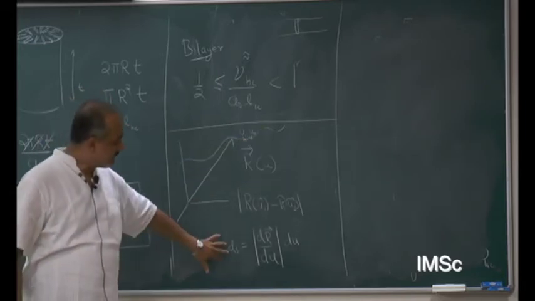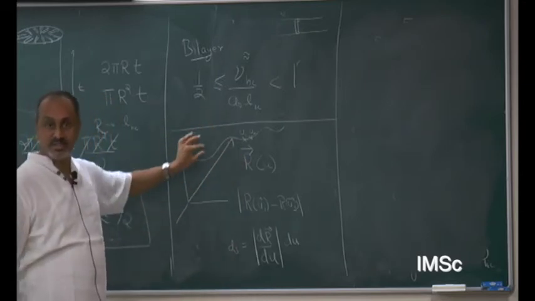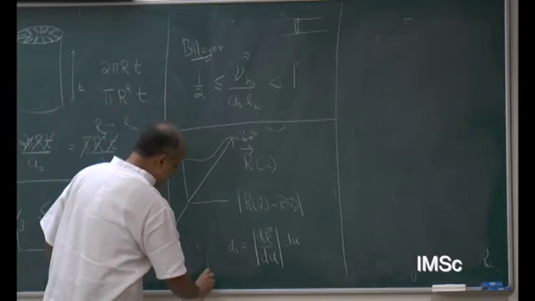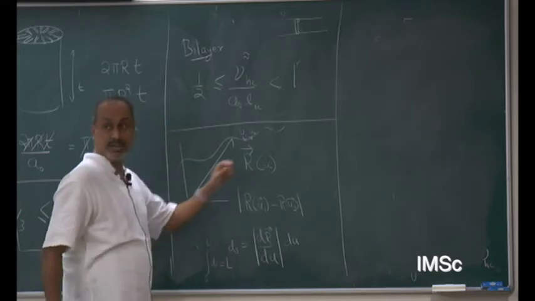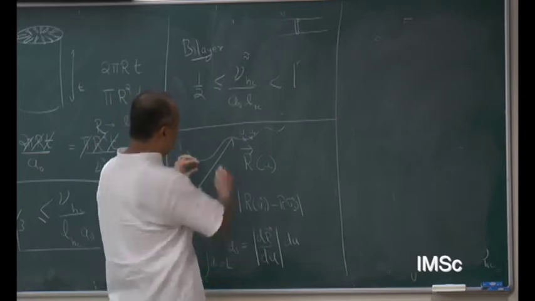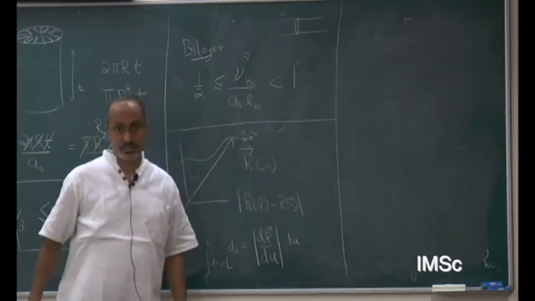On the other hand, s has a specific meaning. s is the arc length. It's a distance measured along the chain. So if I integrate ds between 0 and L, this must give me the full length of the chain, because it's actually doing a physical measurement. If I stretch this out, this would actually physically measure the distance between this point and this point.